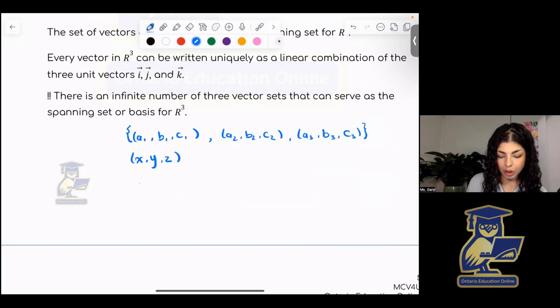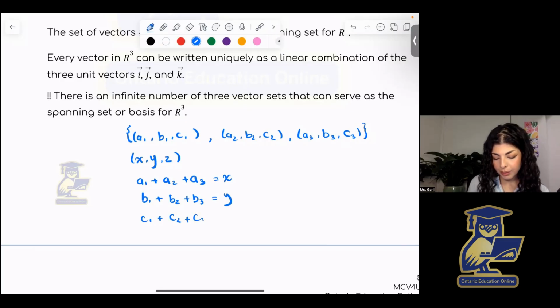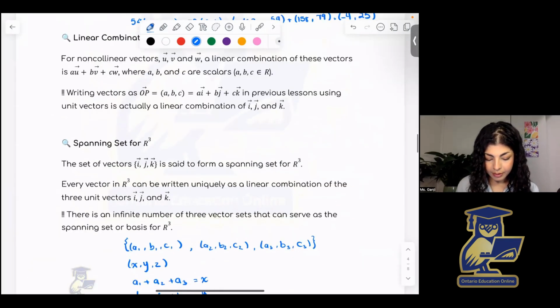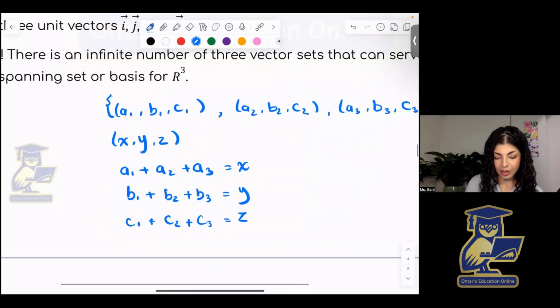And what you're trying to show is that A1 plus A2 plus A3 is X, B1 plus B2 plus B3 is Y, and C1 plus C2 plus C3 is going to be Z. Oh, actually I forgot one.